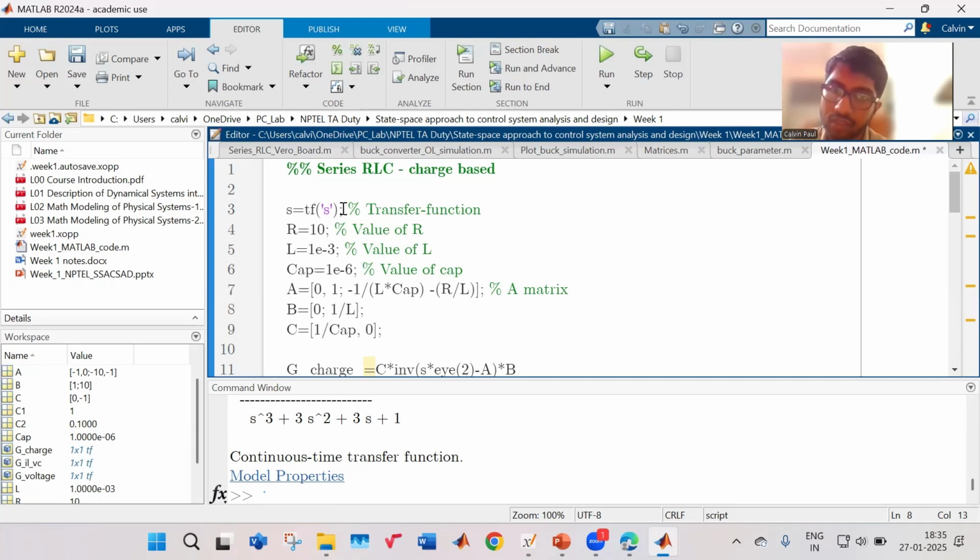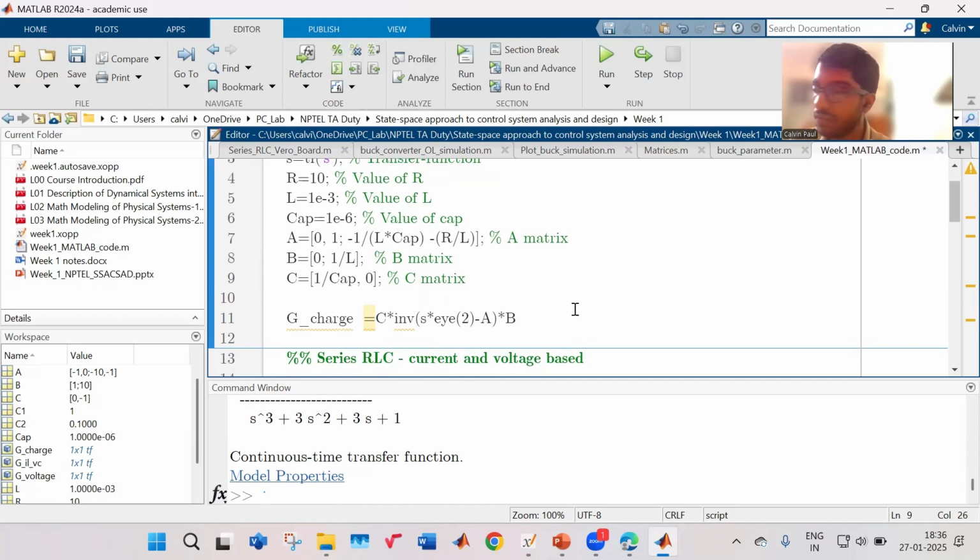This is for denoting s as a transfer function variable. This is the A matrix which I got. This is the B matrix, and this is the C matrix. And for the state space, the transfer function is given by C into inverse of sI minus A, into B. So this is the way I will get the transfer function.